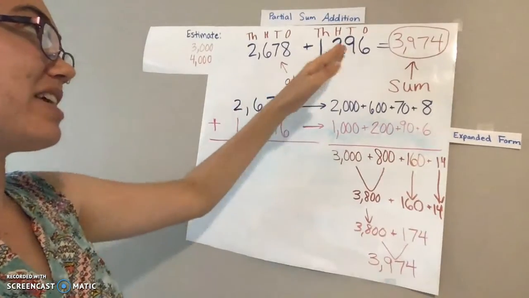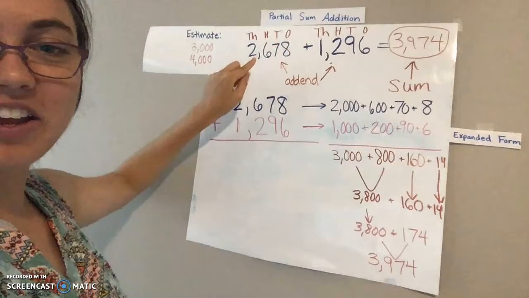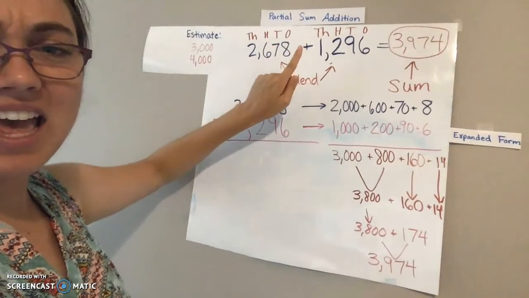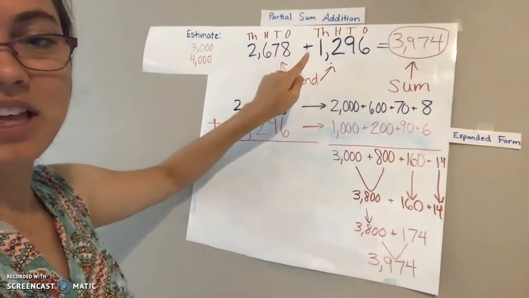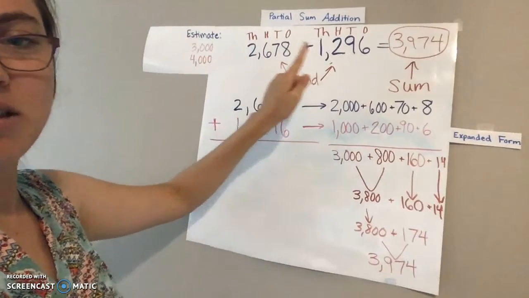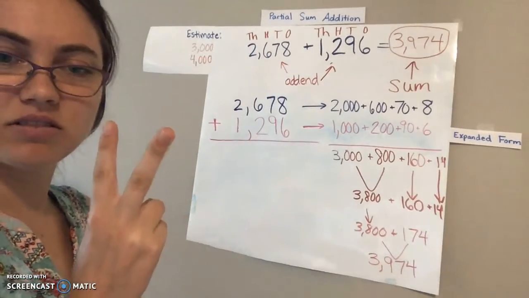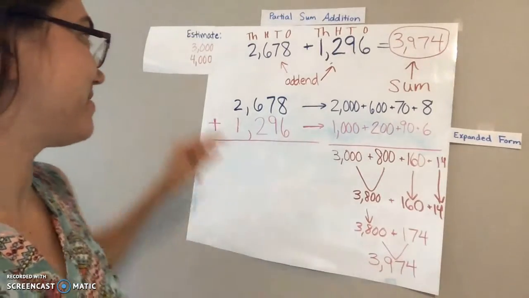So after we took a look at the place values of our numbers, we said, okay, we are adding 2,000 something something something plus 1,000 something something something. 2,000 plus 1,000 is going to be at least 3,000.